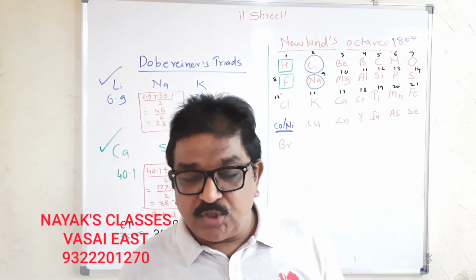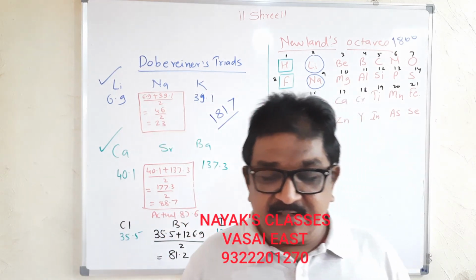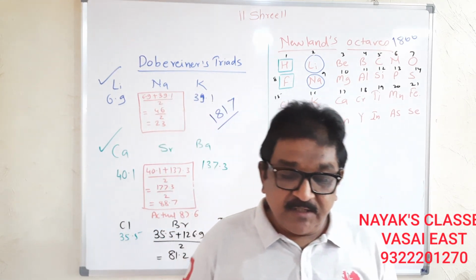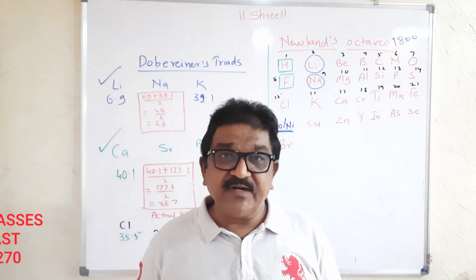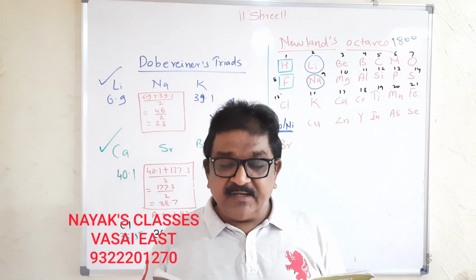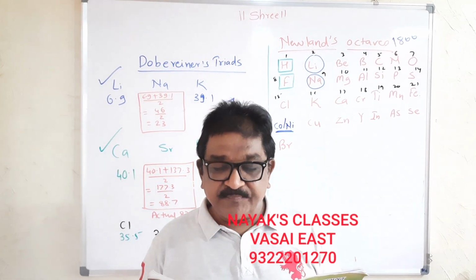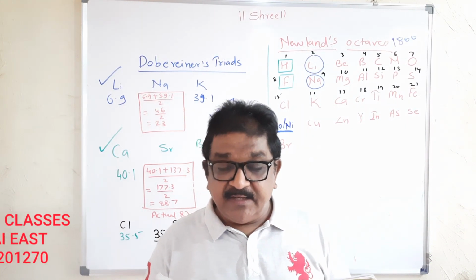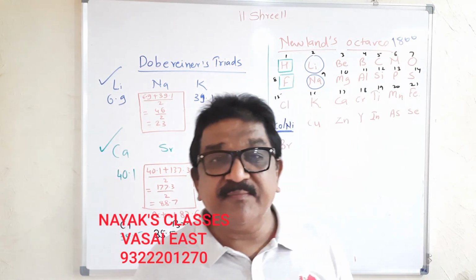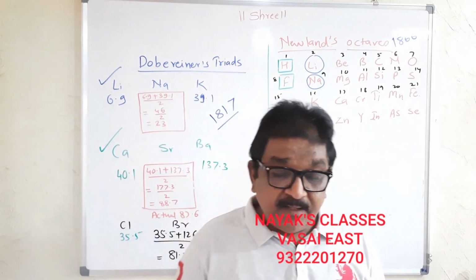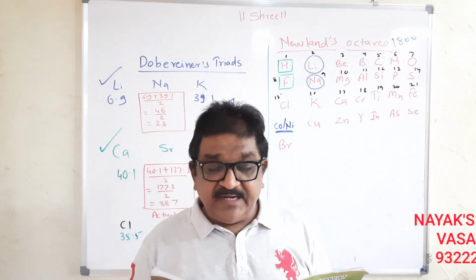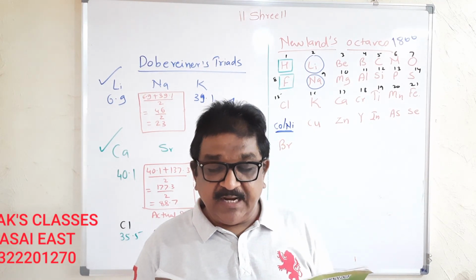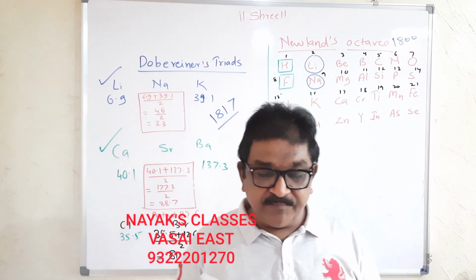The English scientist John Newlands correlated the atomic masses of the elements to their properties in a different way. In the year 1866, Newlands arranged the elements known at that time in increasing order of their atomic masses. It started with the lightest element hydrogen and ended up with thorium.